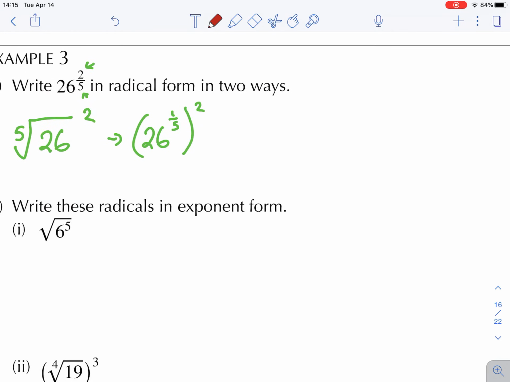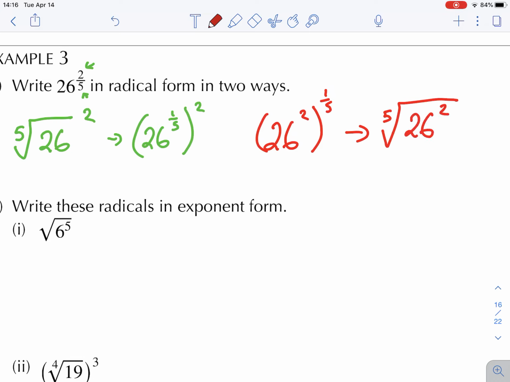But we can write it a different way. We could write it 26 to the power of 2 raised to the 1/5. In this case, we would get a different looking radical. We would get the 5th root of 26 to the power of 2.